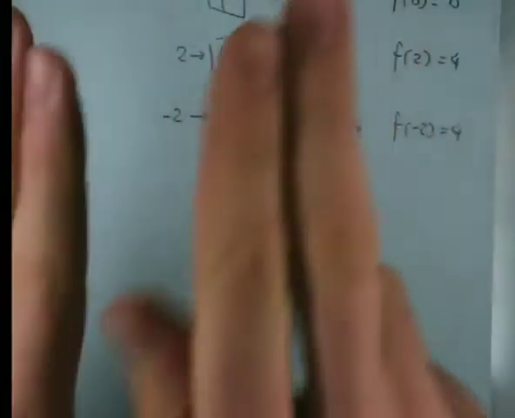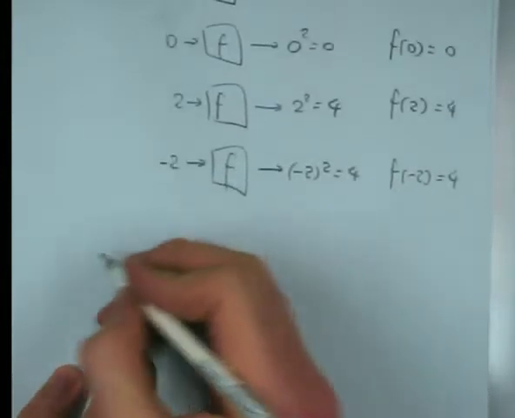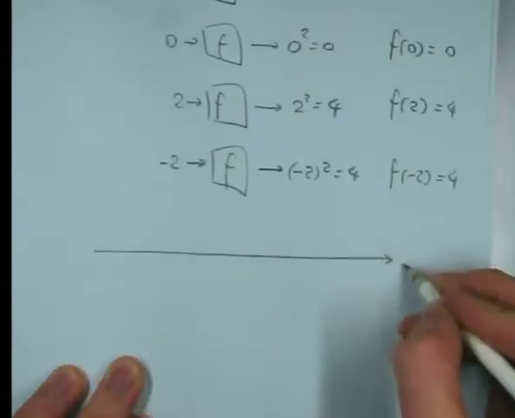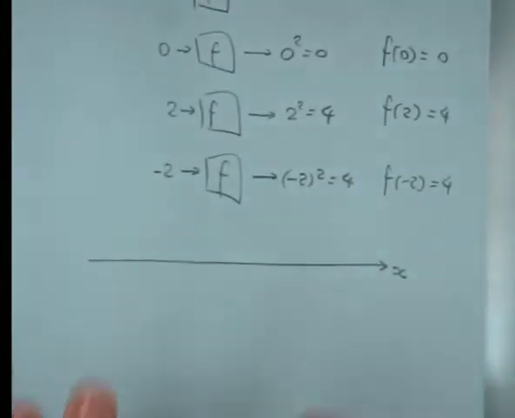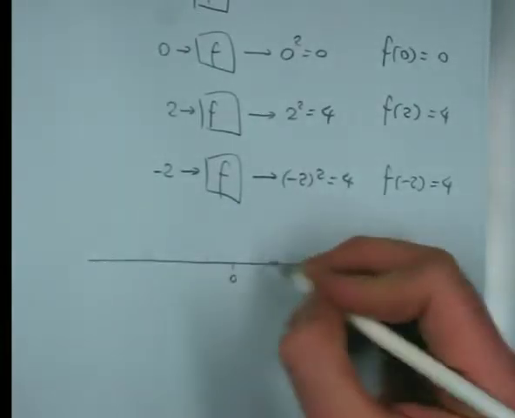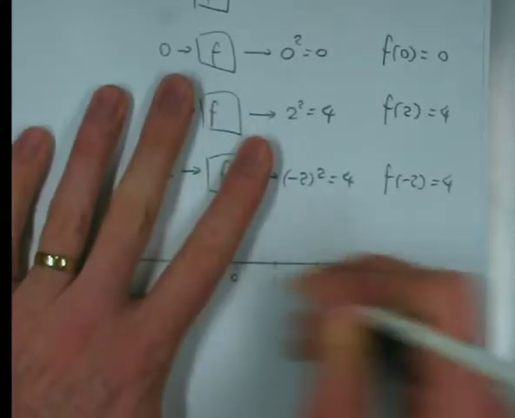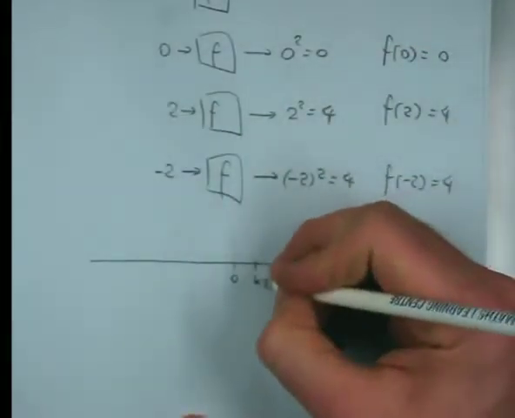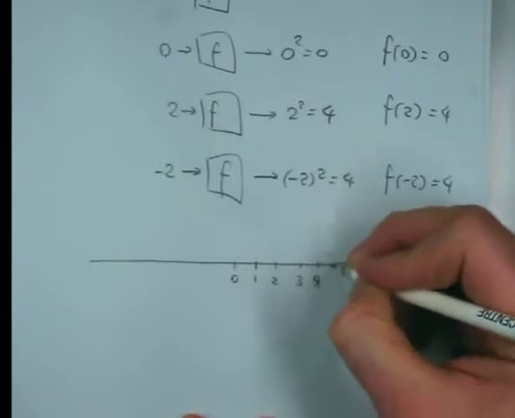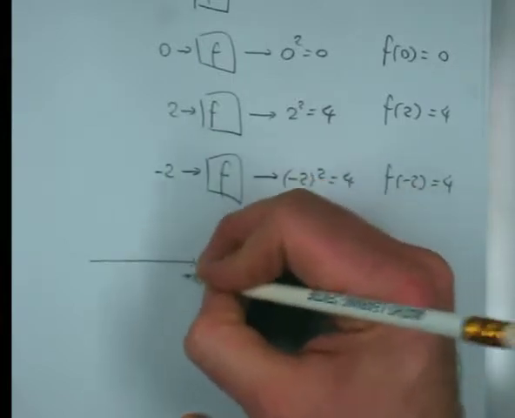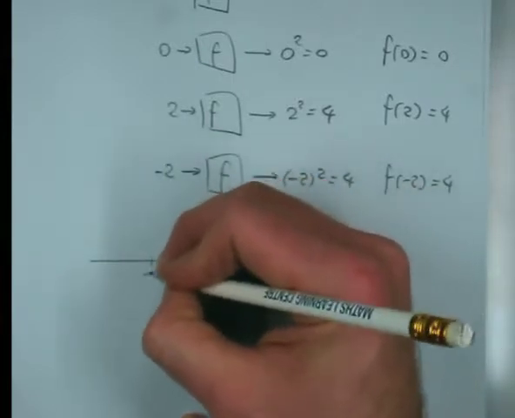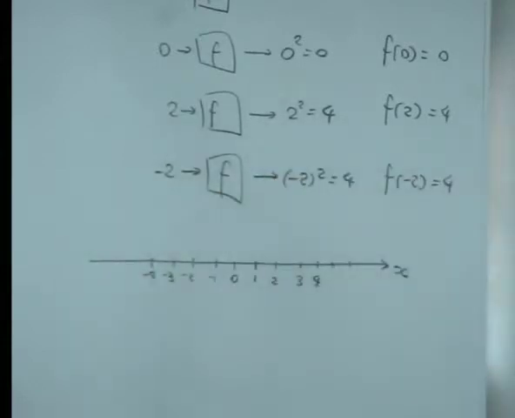So I'm going to draw a picture of this function. These are my x's that I'm going to put in. I'm going to draw this lovely number line. Okay, so here I have a number line.